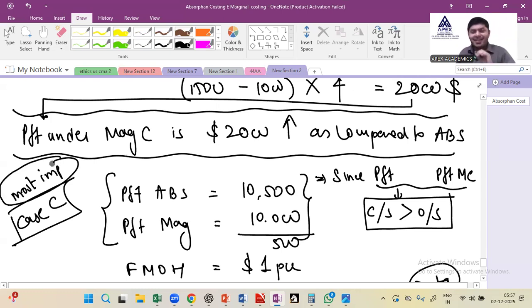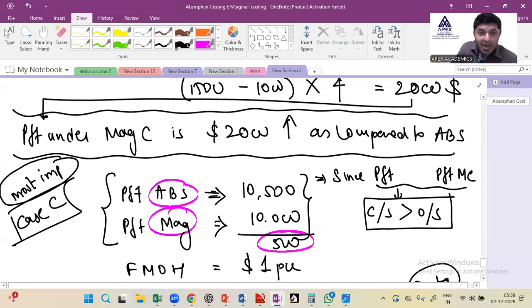What does case C say? Case C says that your profit under absorption costing is 10,500. Your profit under marginal costing is 10,000. Okay. Can I say that my profit under absorption is higher than my profit under marginal by 500? But my dear students, since my profit under absorption is greater than my profit under marginal costing, I can say that my closing stock is greater than my opening stock.